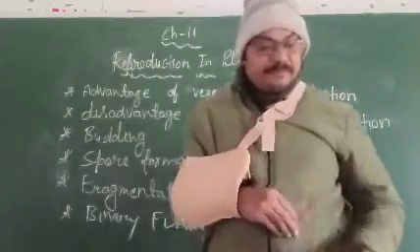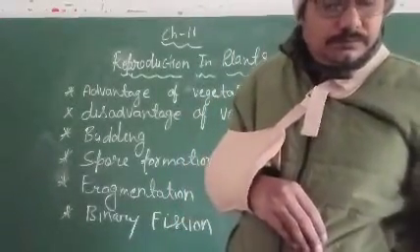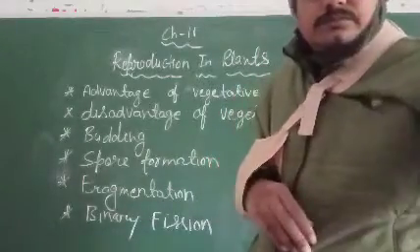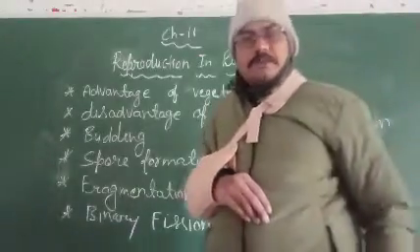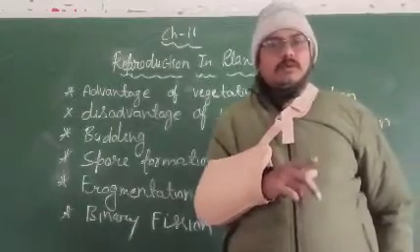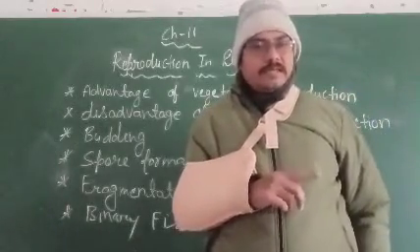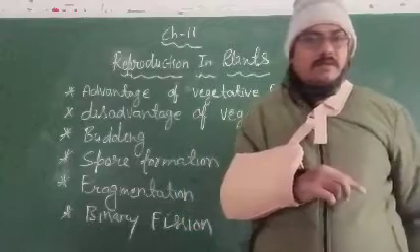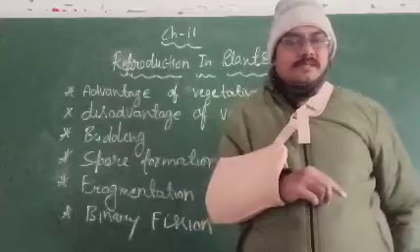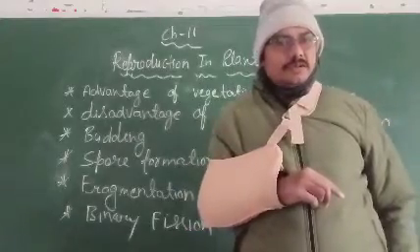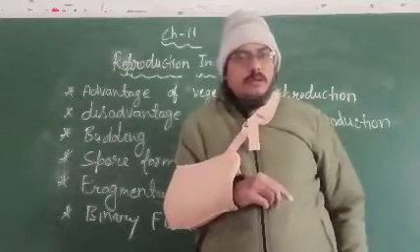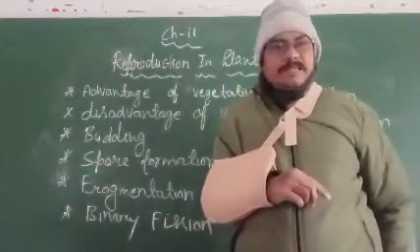Next, in some cases there are certain plants that can be grown by both methods, that is, by seed and also by vegetative parts. But in certain cases, if the seed of that plant is not fit, not healthy for producing a new plant, then in that case a new plant can be grown with the help of the body part.